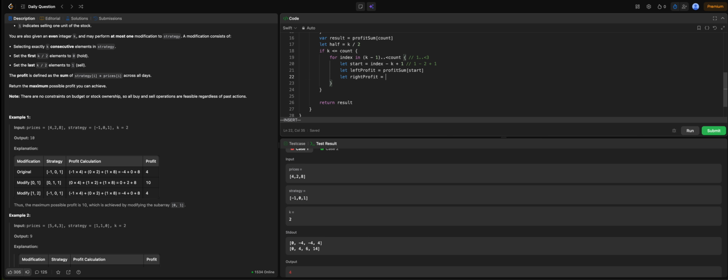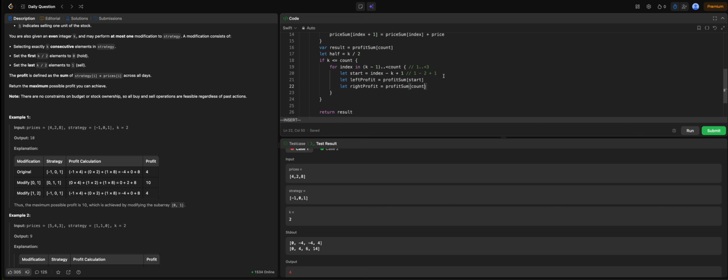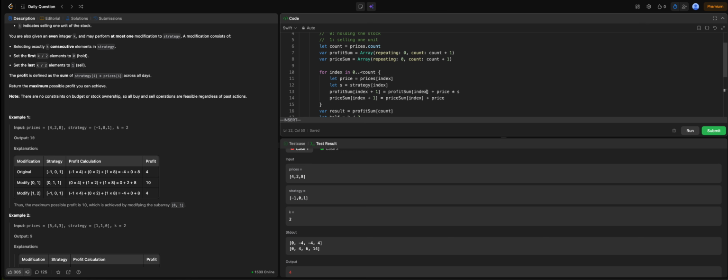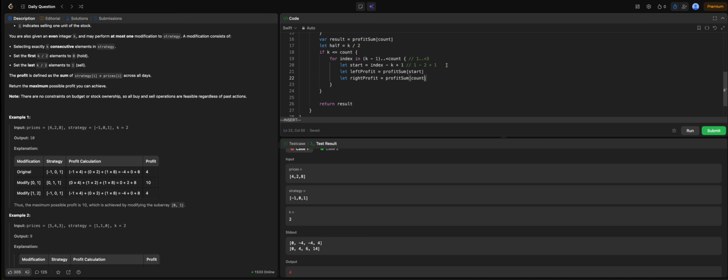To calculate the right profits, we need to calculate after the window. So we have the profit sum and then count, which is technically the end of the array for the dynamic program, since we have a plus 1 in here. So we are calculating the profit sum by checking the right side of the value, something like 14 in here.